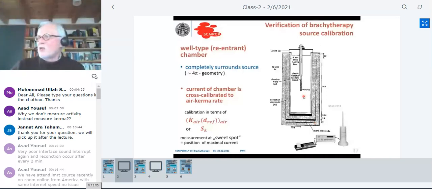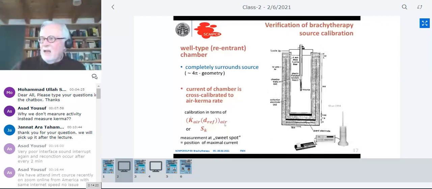And this chamber is then cross-calibrated to air kerma rate, which is done basically by making a measurement, just like I showed it. And then immediately after that, you make a second measurement using your ionization chamber, and you calculate a calibration factor from the ratio of these two measurements.